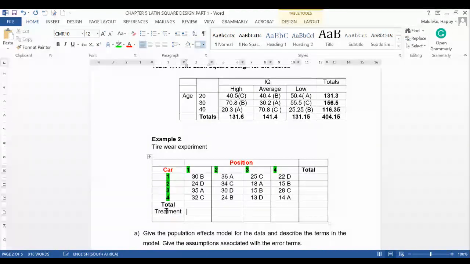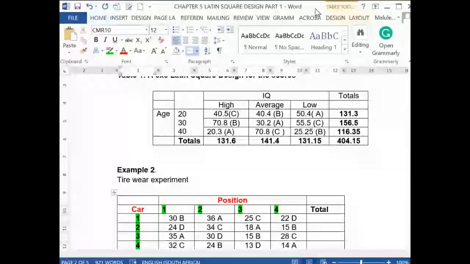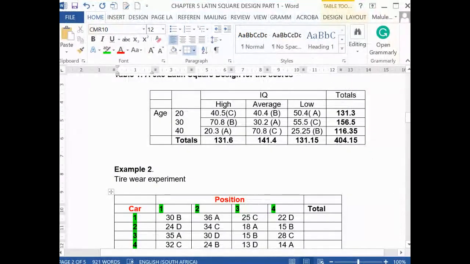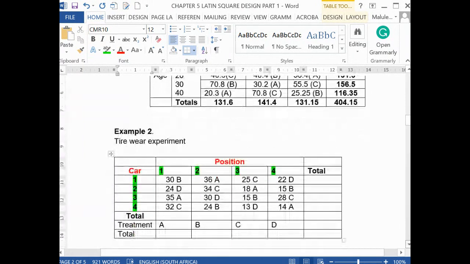Let's get the totals. Ramaila, please give me the sum of the treatments. Your focus is on the treatments.